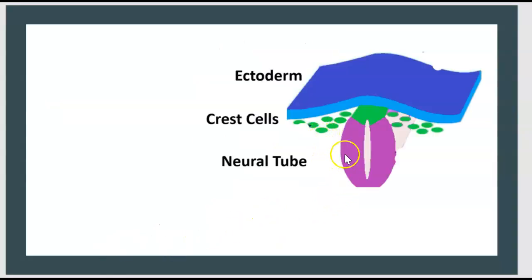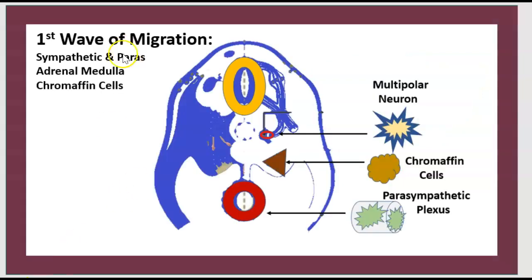The result of neurulation is the neural tube giving the brain and the spinal cord, and crest cells giving the peripheral nervous system. The first wave of migration gives sympathetic and parasympathetic ganglia, adrenal medulla, and chromaffin cells, parasympathetic plexus, and multipolar neurons.